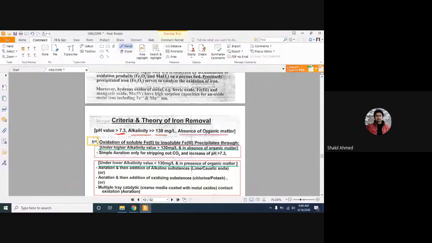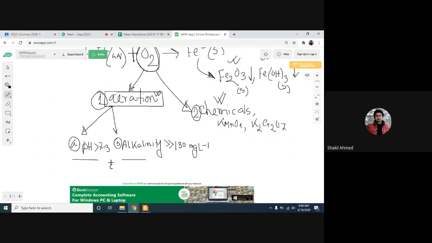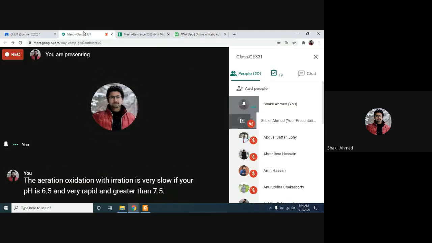If organic matter is present, then your oxidation process will be hindered and it will be slowed down. Okay, so these are the three criteria you have to maintain. Is it clear?